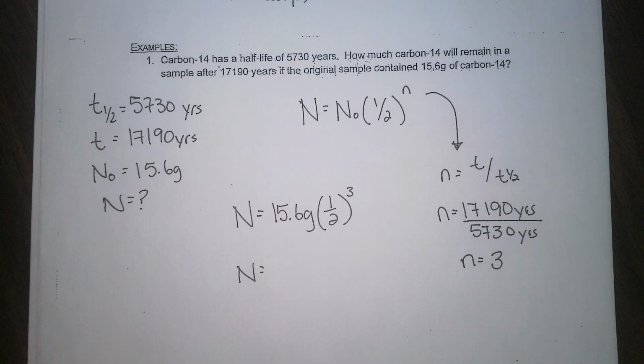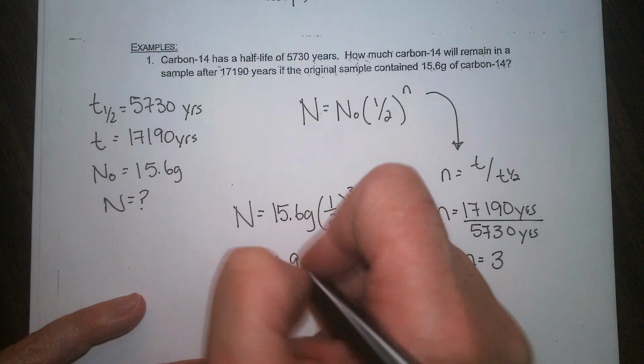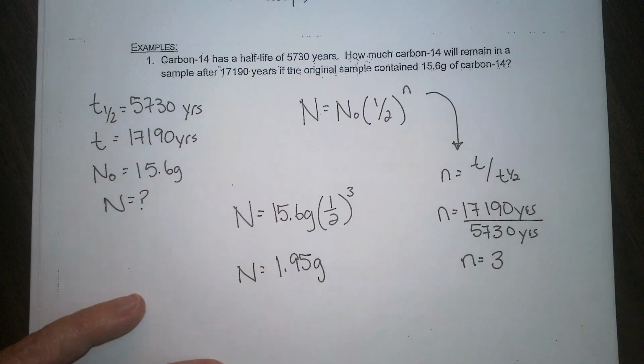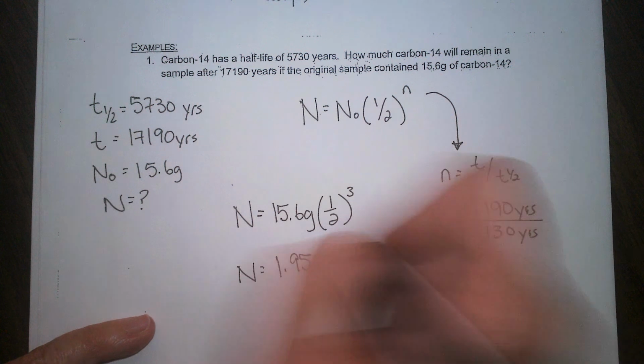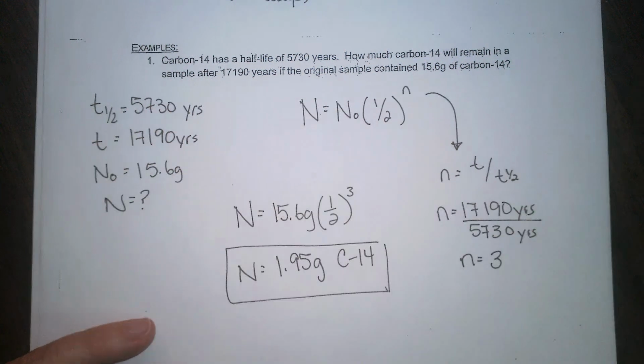Kilograms are the base unit in physics, but in this particular equation, N and N naught can be any unit as long as they're the same unit. 1.95 grams of carbon-14 will remain.